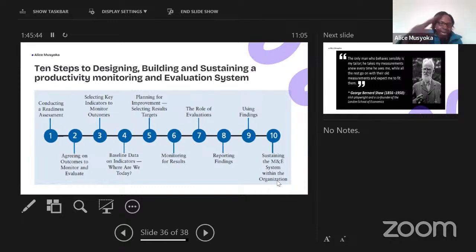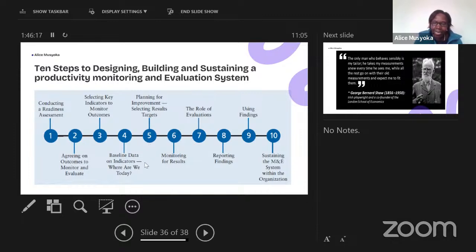So we go back to step number 1 and continue improving on each stage. And that way we sustain the M&E systems and we ensure we allocate sufficient resources to be able to monitor and track our productivity or track our performance. And that way our organization is able to improve on productivity.